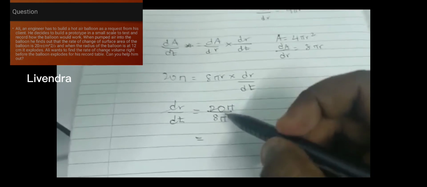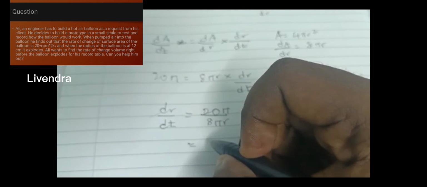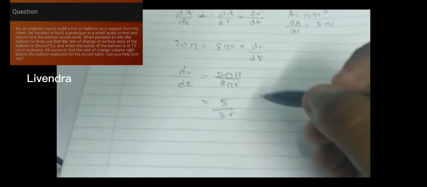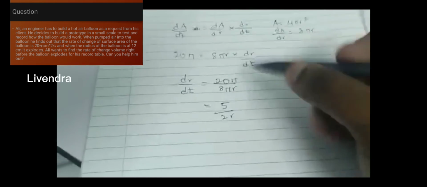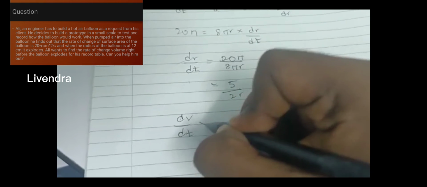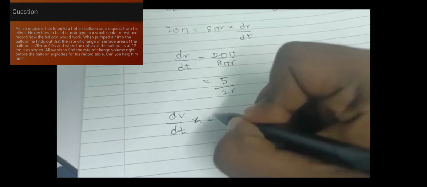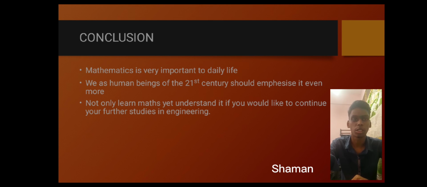If we simplify this, we should get 5/2r. Next, since we have dr/dt, we can substitute it into the main chain rule, dV/dt times, and now we have seen the question.